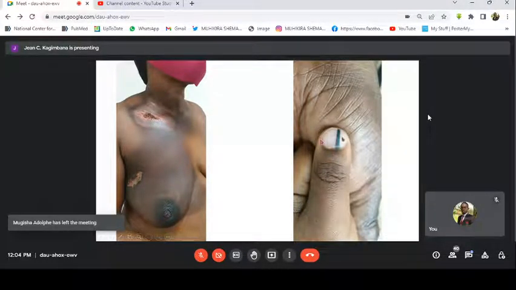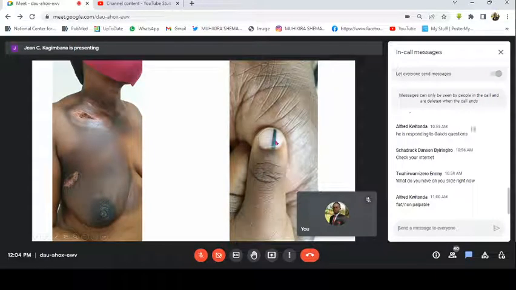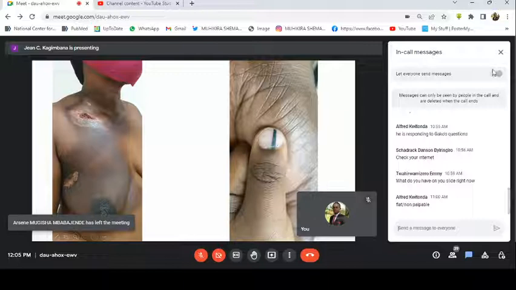Okay, describe this nail. What do you see here? Just try to describe this. I think it is linear hyperkeratotic or linear pigmented, the left one.